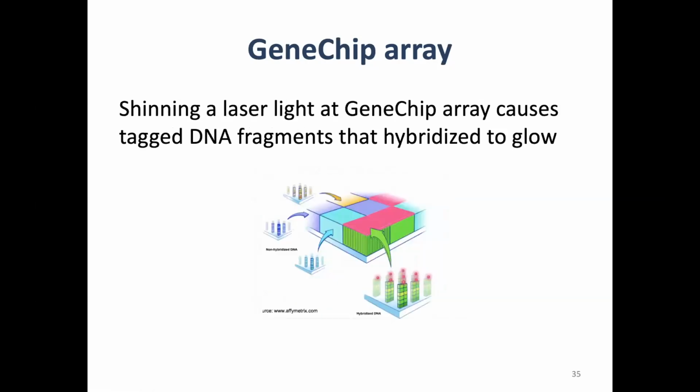Upon shining a laser light at the gene chip, the DNA fragments that hybridized glow. So if there is better hybridization, the glow would be very strong. If there is no hybridization, the glow would be very low or none.